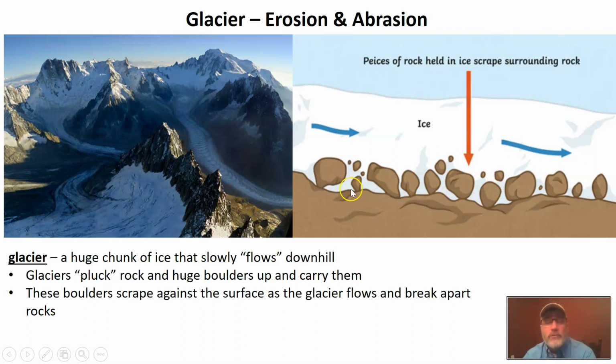It's going to create a really smooth surface, like sandpaper smooths wood. And so glaciers in alpine places, when we talk about ice causing weathering and erosion, are a great example of ice weathering and eroding rock.